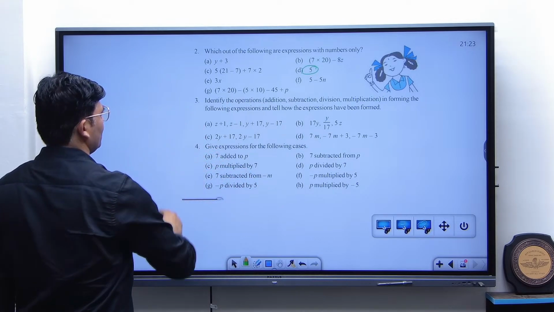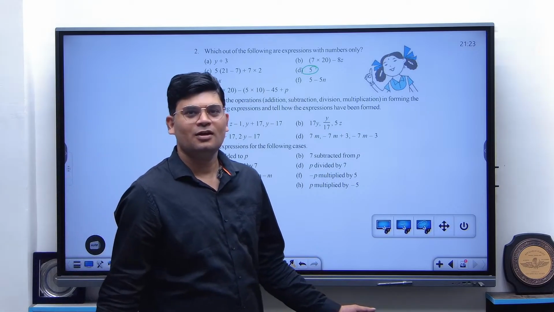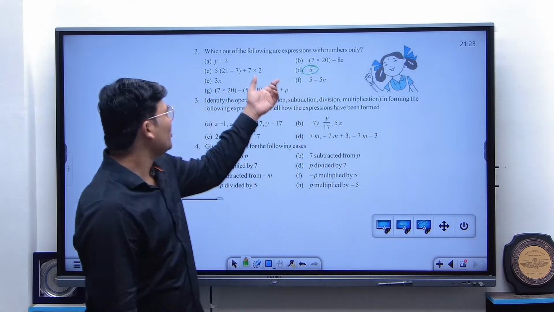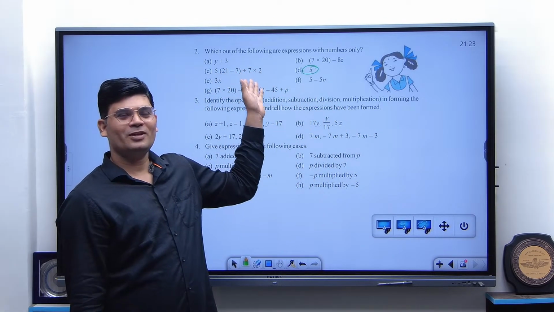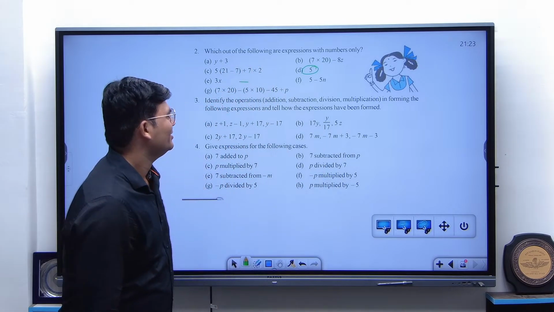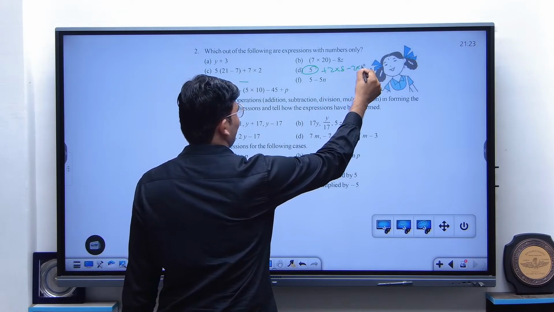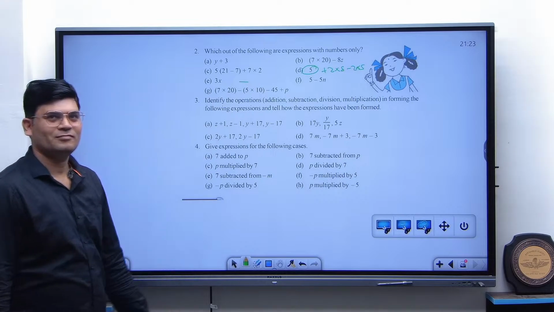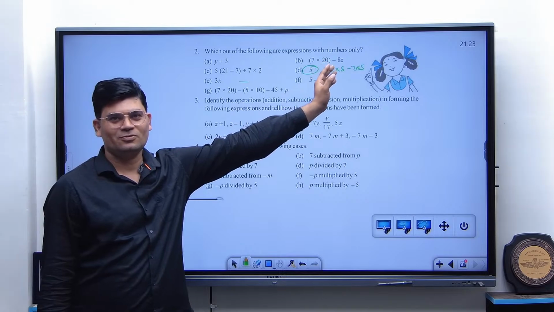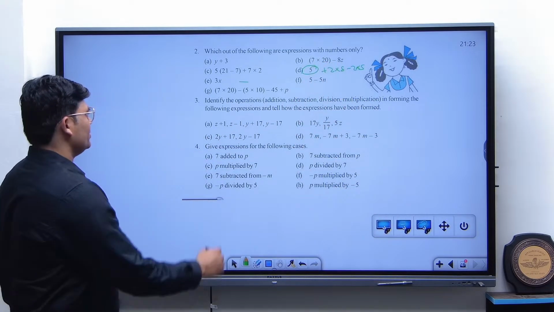It's not one number, so what? One number is also an expression. I can express 2, I can express 3. If you solve this, it is going to be only one number. You can say like this: plus 2 into 5 minus 2 into 5. We are adding 0. 10 minus 10 is how much? 0. So it is also an expression with numbers.